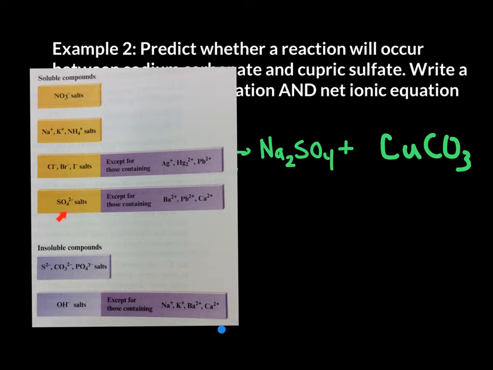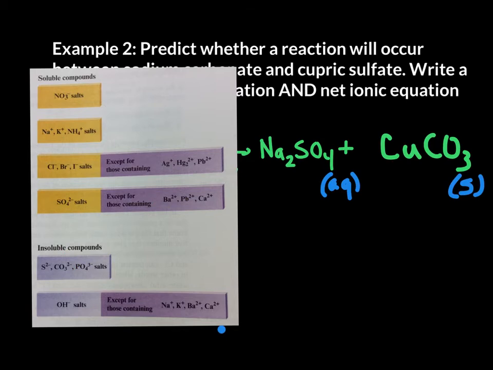Now, all sulfate salts are also soluble. So we have the sodium ion and the sulfate ion being soluble. Sodium's not an exception to that rule. So we can obviously then confirm to ourselves that the sodium sulfate is going to remain in solution, and because carbonate salts are insoluble, that confirms to us that a reaction does in fact happen, and our cupric carbonate is going to be our solid.